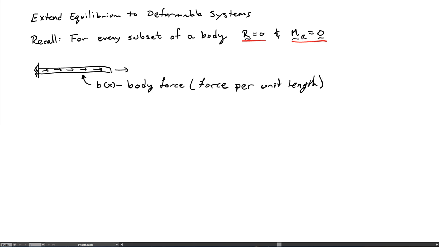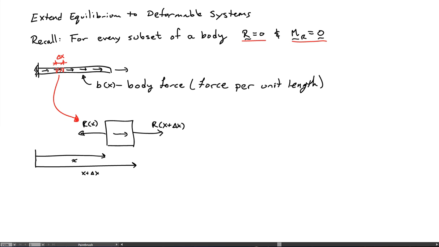But let's look at sort of a general case here. Suppose I have a bar, I've applied some kind of, say, distributed load, we'll call it b of x, so we'll call it a body force, and it's force per unit length, and maybe there's a force on the end of the bar. And let's look at what it means to say that the system is in equilibrium. So what I'll do is I'll go ahead and look at a small bit of material of the bar.